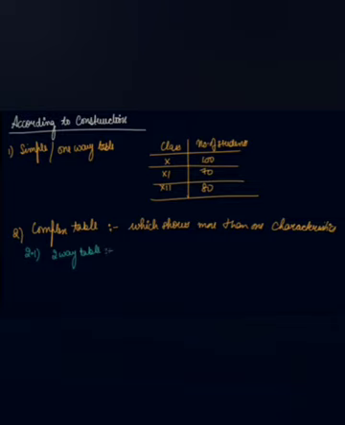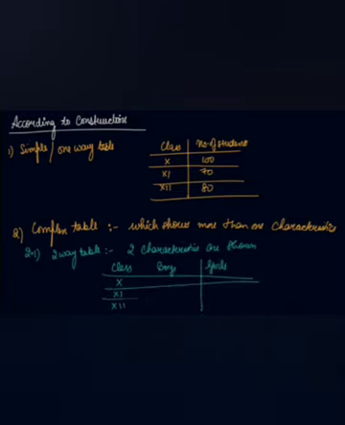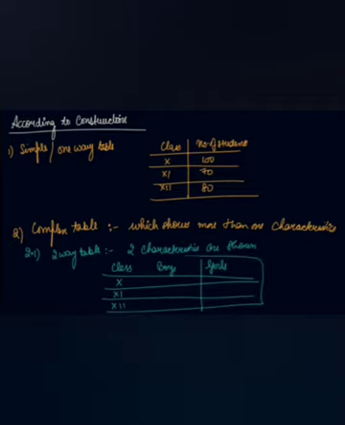Two-way tables are the tables in which two characteristics are shown. Which means the class 10th, 11th, 12th, boys and girls. In this, you have divided the number of students into two characteristics, that is boys and girls. So this table is your two-way table.